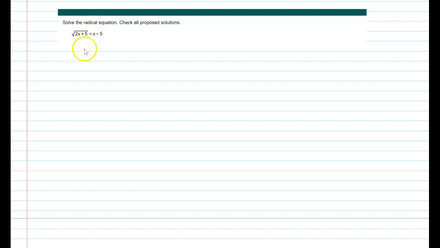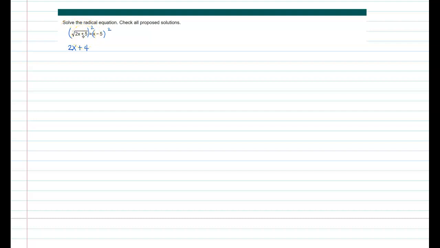You can do that by squaring both sides of your equation. So you can raise both sides of your equation to 2. Then the square of the square root is just equal to the expression inside the square root.